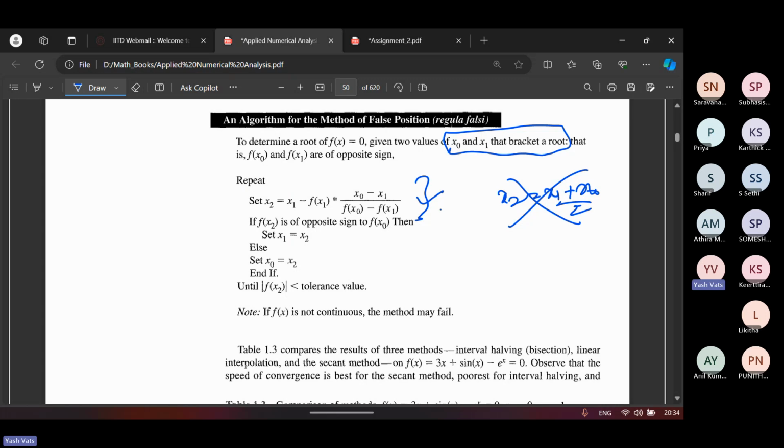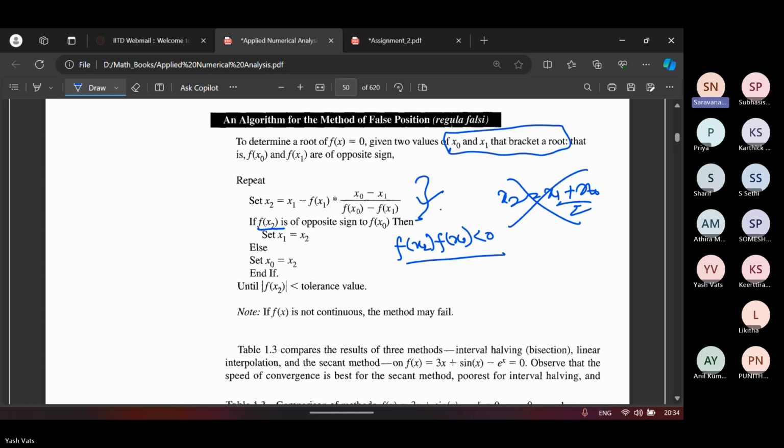The only difference is this. And you have to check the value of f at x2. If again f of x2 times f of x0 is less than 0, then you continue in the same way to find x3 and so on. So it's like the bisection method, but the values of the first iteration, second iteration, all come from the second method.